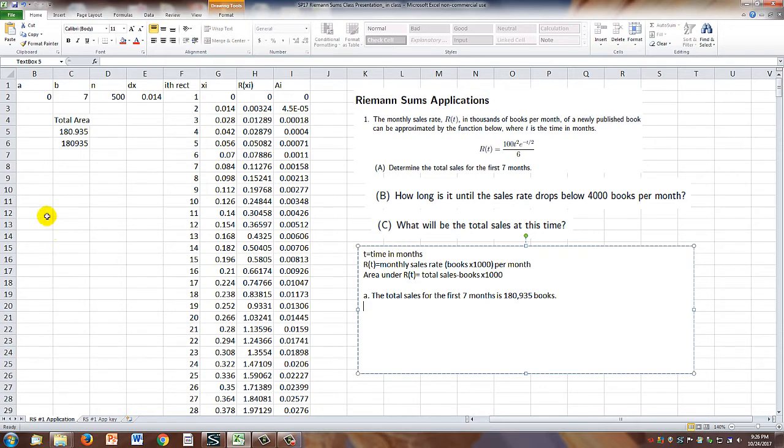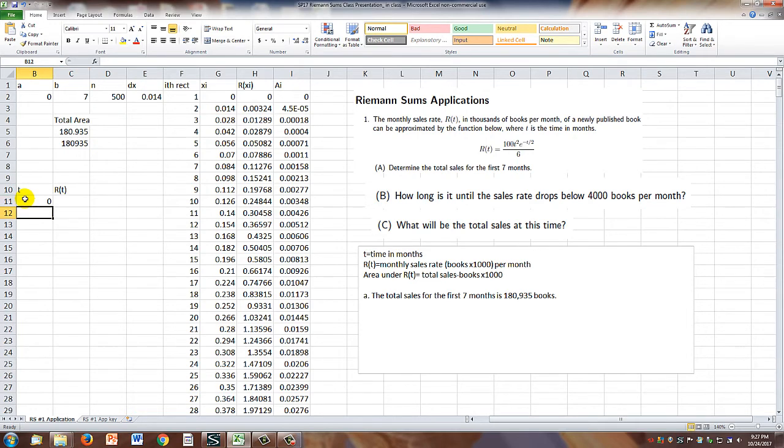So what you want to do here is your input is T and your function R of T is your sales rate. And let's create a table of values. Remember, T is months and R of T is books in thousands per month. So 4,000, we're not going to actually put 4,000, it would be 4, but we want to put some months in.